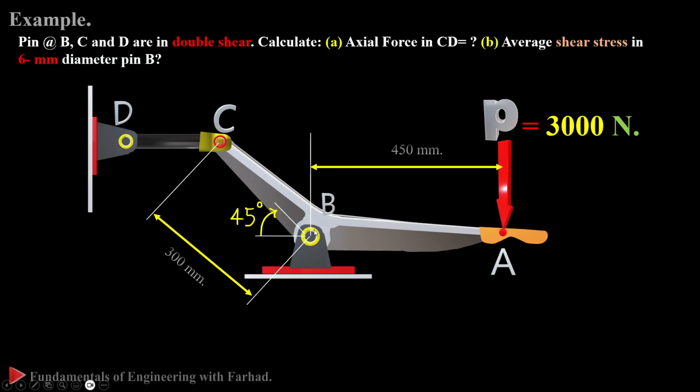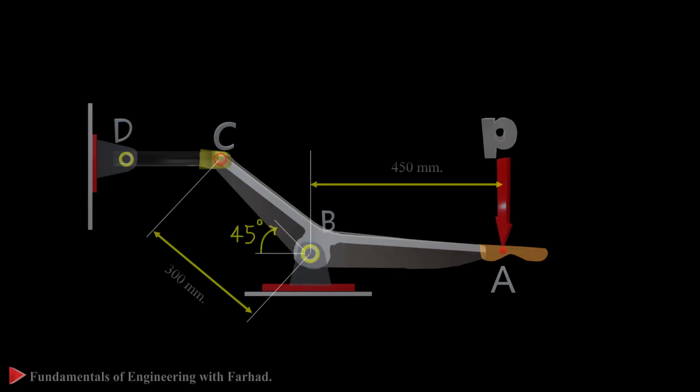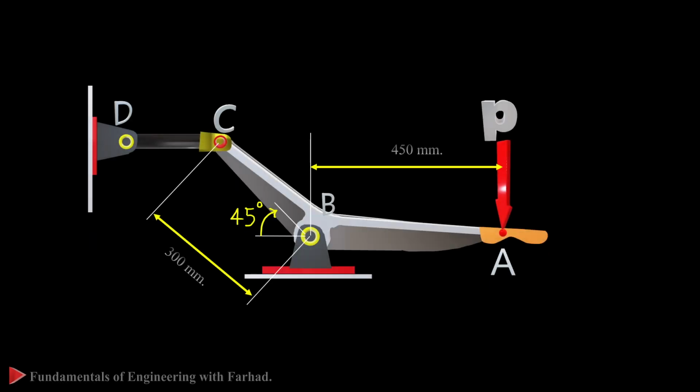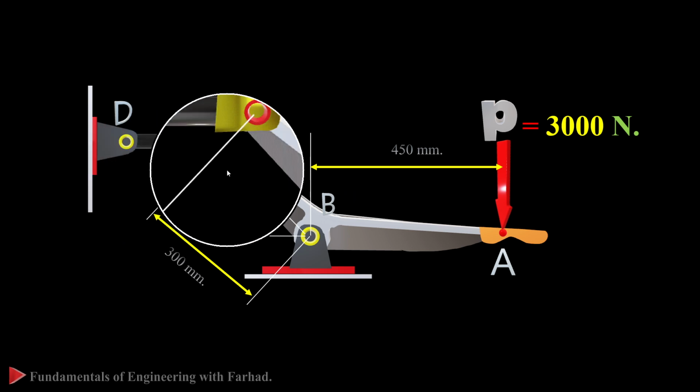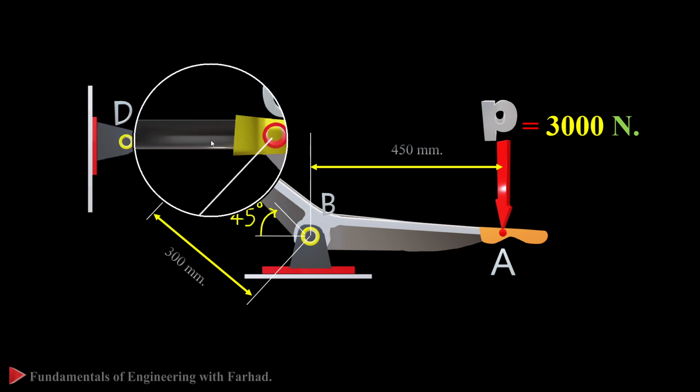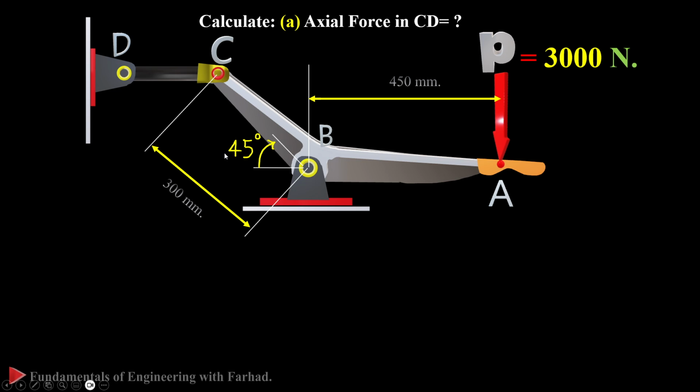So to start our problem, let's jump to the first part, which is the calculation of force in the member CD. For calculating the axial force in member CD, we can start with the summation of moment about B equals zero.